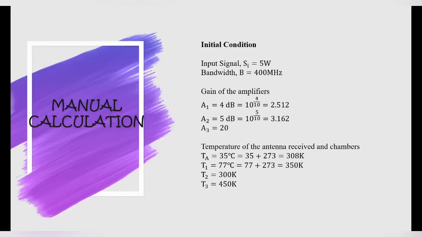So to propose a solution to produce the highest signal to noise ratio, SNR, output of the communication system, we have this initial condition: the first one is the input signal Si equals 5 watt, then the bandwidth, then the gain of each amplifier, and then we convert the units if necessary, and we also have the temperature of the antenna receiver and also the chambers.